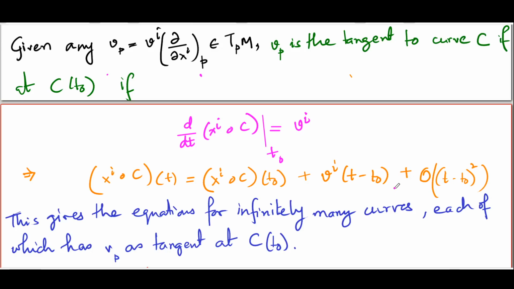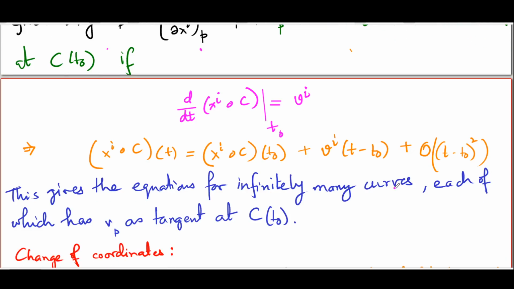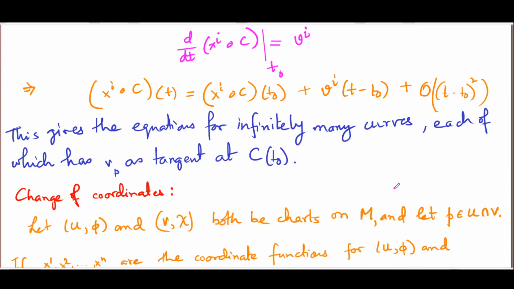It turns out that once we have established that the del xips form a basis for TPM, this is something which you no longer have to take as a separate definition. This is an immediate, simple consequence of this fact. In order to see this, let us see what happens when you change coordinates. That is, instead of using U phi, a particular chart, you use a different chart, V chi.